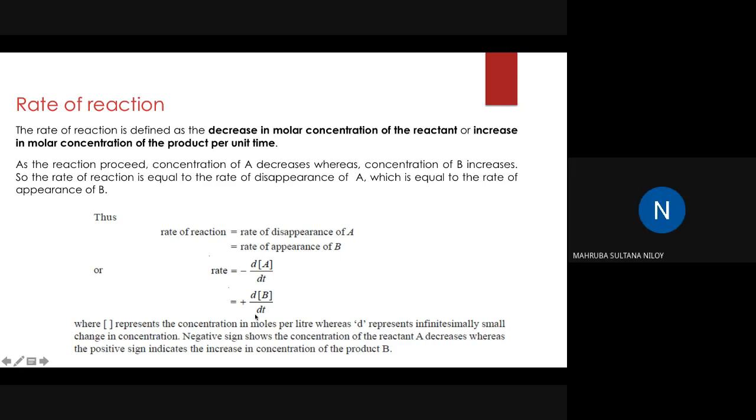Okay, so here the positive sign indicates that the product is increasing, right? Yes, sir. So the positive sign means increase, isn't it? And the negative sign indicates decrease. Decreasing.